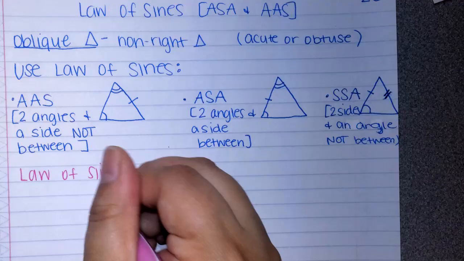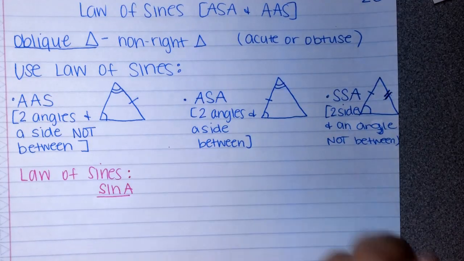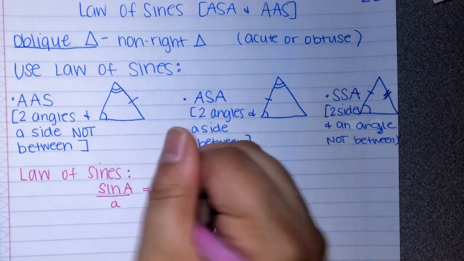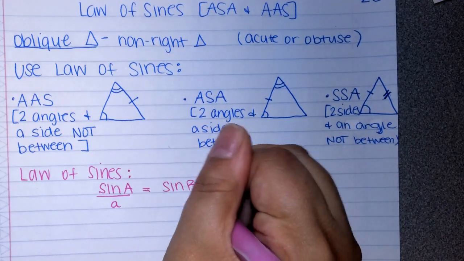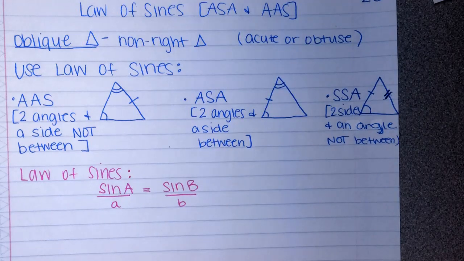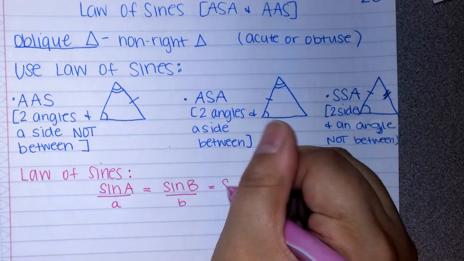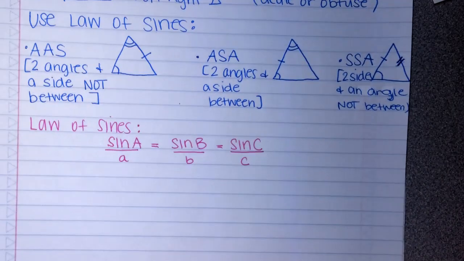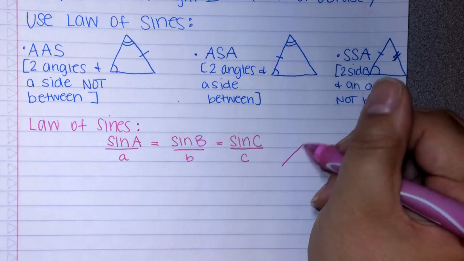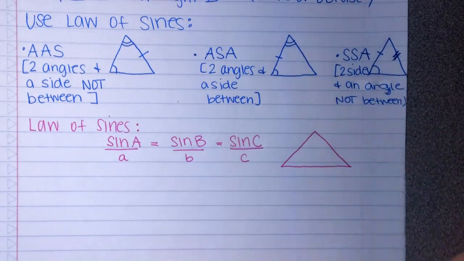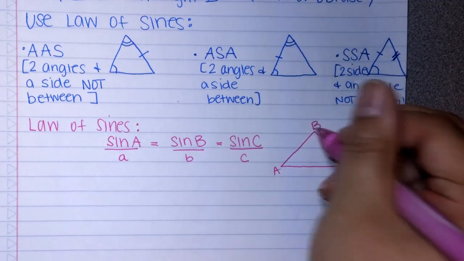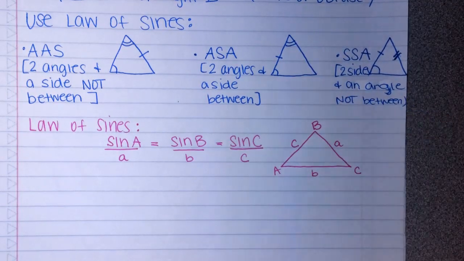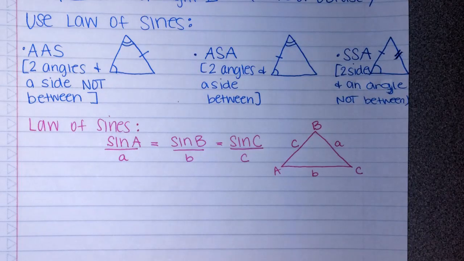But law of sines is when you take the sine of A, angle A, over side A. And you set it up as a proportion to the sine of angle B over the side B, or the sine of angle C over the side C. As a reminder, this is not a right angle. And your angles always go across from your sides, the corresponding letters.